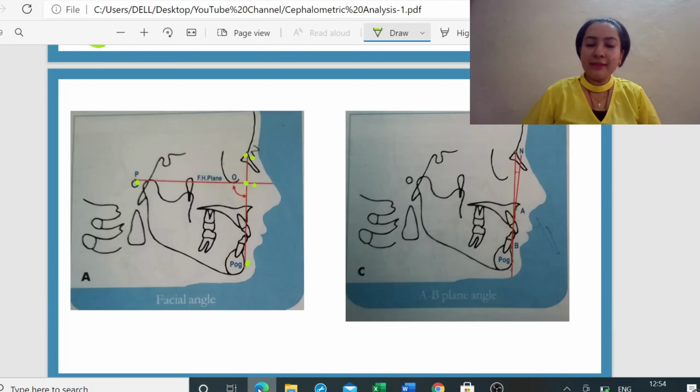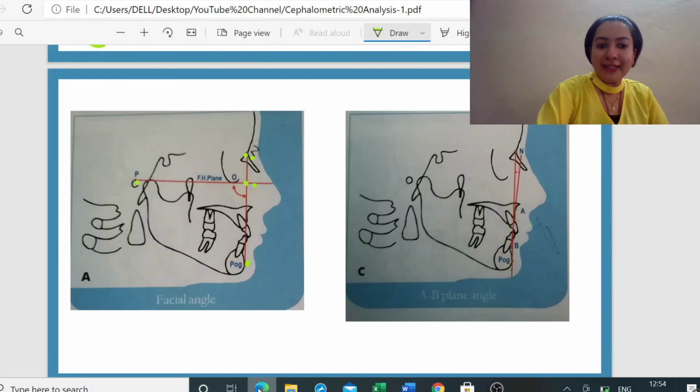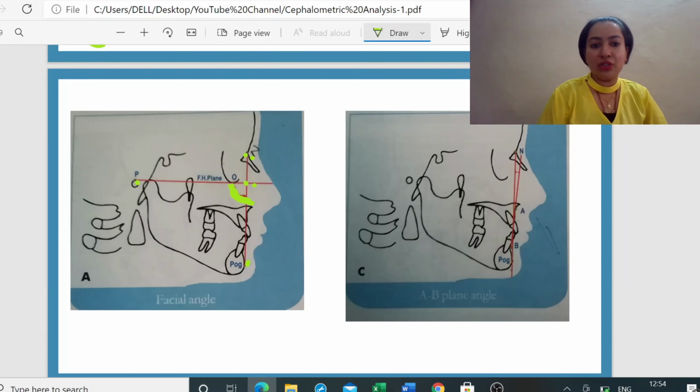So my facial angle is formed when N-Pogonion intersects with the Frankfurt horizontal plane. When orbitale and porion, these two landmarks, are joined together, we get a horizontal line which is known as your Frankfurt horizontal plane. So when FH intersects with N-Pogonion, this angle which you are getting is your facial angle.